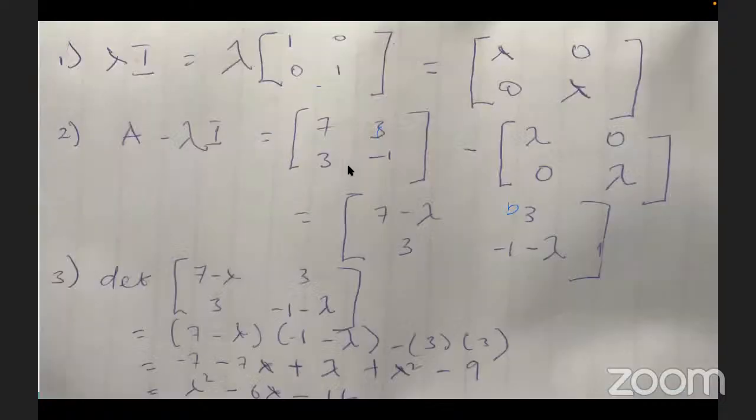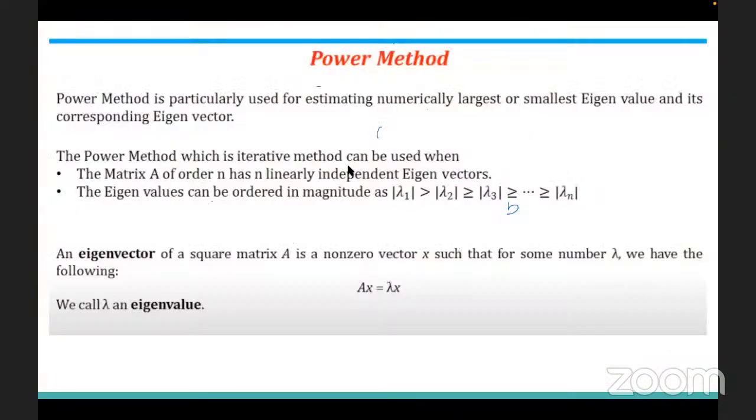Okay. Now, we want to look at what we call the power method, right? Now, the power method is particularly used for estimating the numerically largest or smallest eigenvalue. Because, as you can see, we can actually have more than one. In fact, for a 2 by 2 matrix, you have 2 eigenvalues. For a 3 by 3 matrix, you have 3 eigenvalues. For a 4 by 4 matrix, you have 4 eigenvalues.